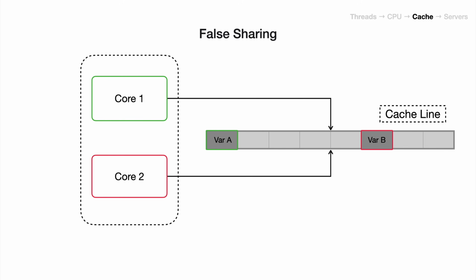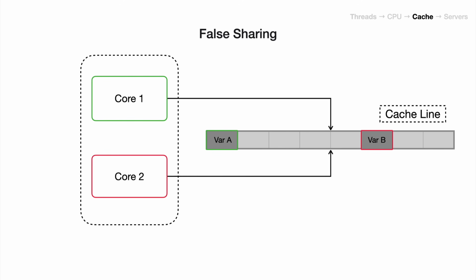Even though the threads are touching different data, the CPU treats that cache line as shared. So the cache line keeps moving between the cores. One core updates it, another core invalidates it, then it moves again, over and over again. This is called false sharing, and it creates a lot of extra memory traffic between CPU cores, which slows down the system.